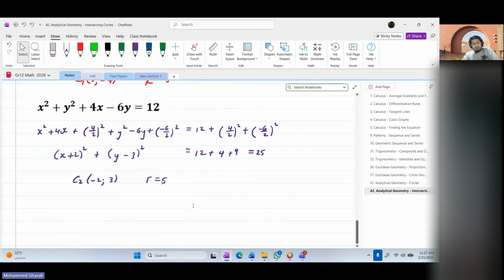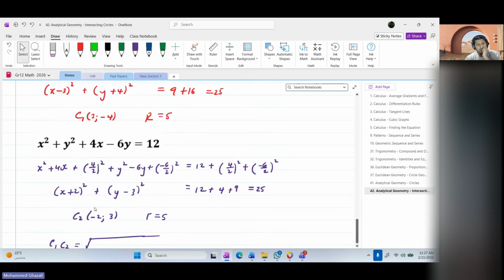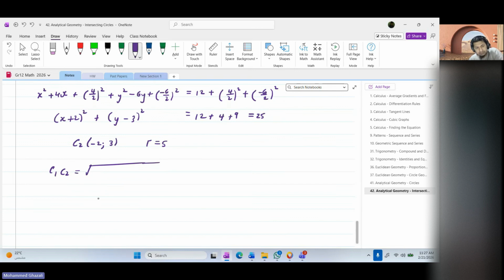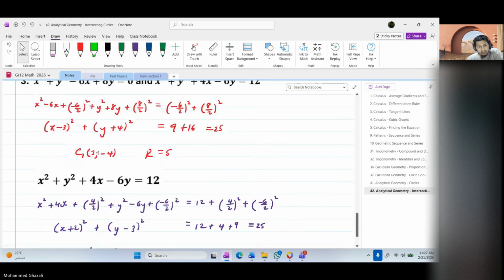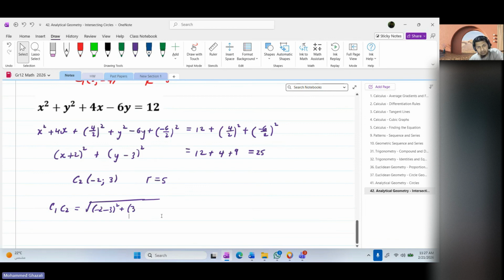All right, so if you try to find the distance between the centers, C1, C2, we will get minus 2, that's x2 minus x1, minus 2 minus 3 squared plus 3 plus 4 squared.